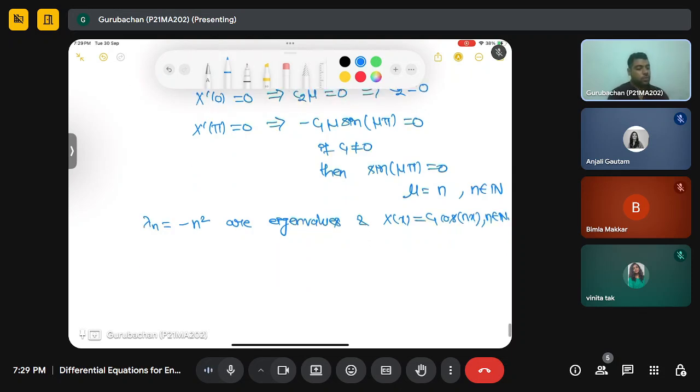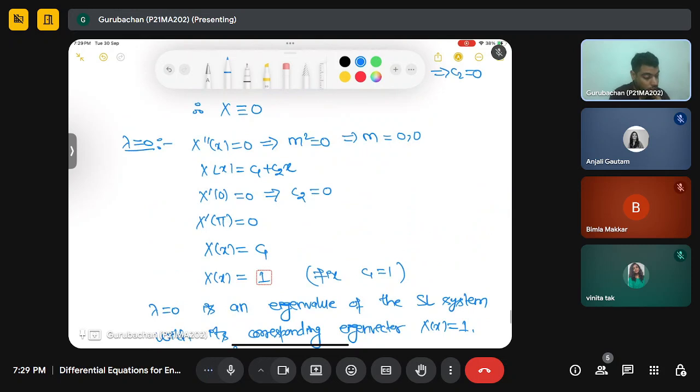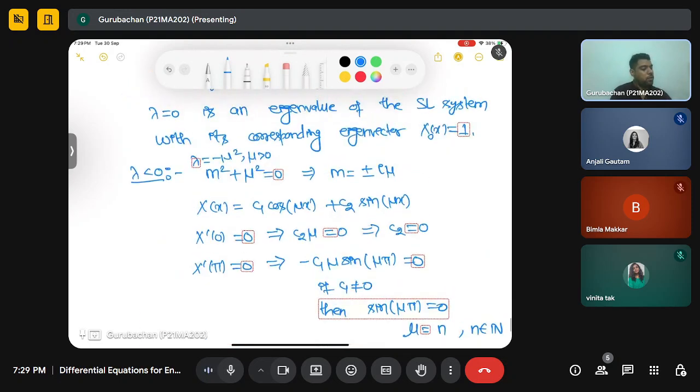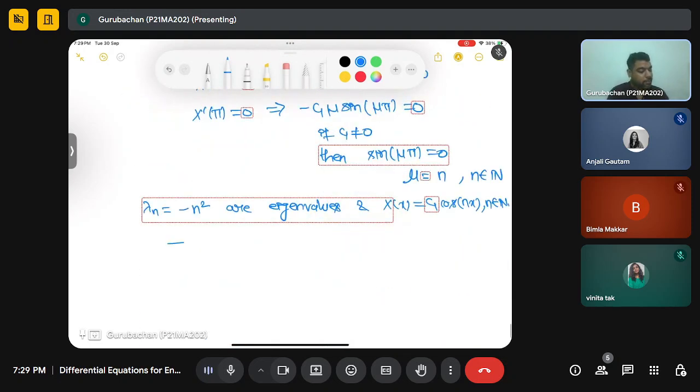Okay, so from here you got X n of x. In fact, I would say it will be X naught of x, since it's corresponding to lambda equal to 0. Let me write T double dash t.